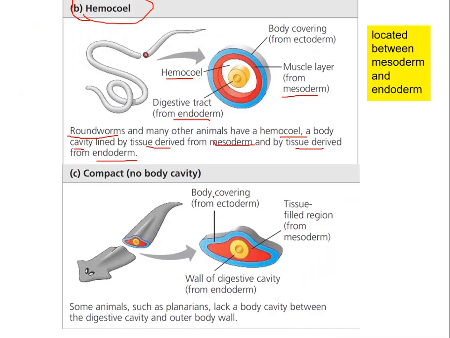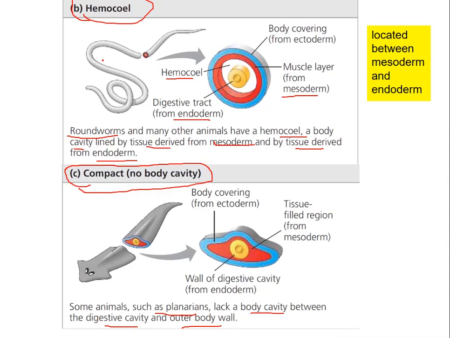Okay, and the third one is acoelomate, or no body cavity. Acoelomates are animals such as planaria. Planaria is in the phylum Platyhelminthes. So they lack a body cavity between the digestive cavity and the outer body wall. You can see that all these animals have three layers of tissue: mesoderm, ectoderm, endoderm.